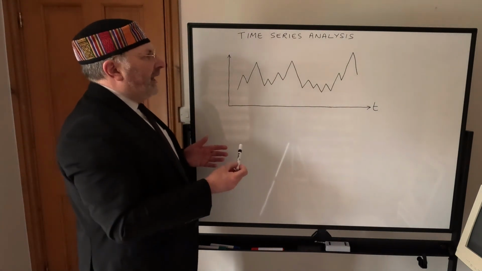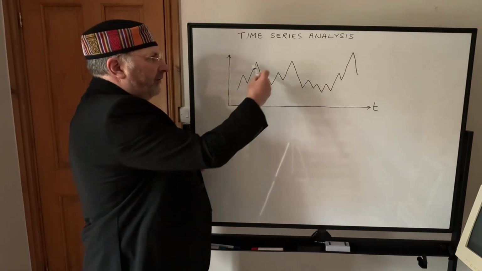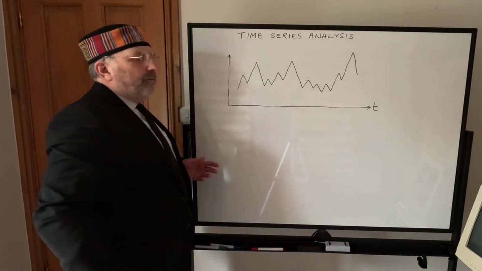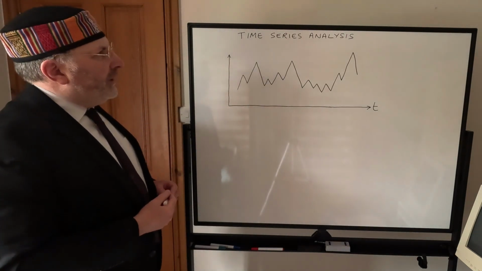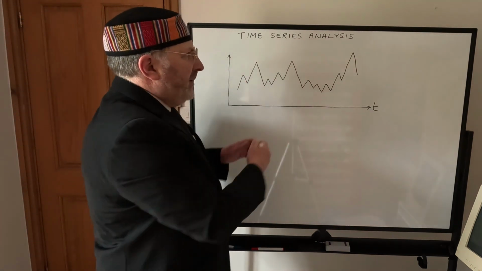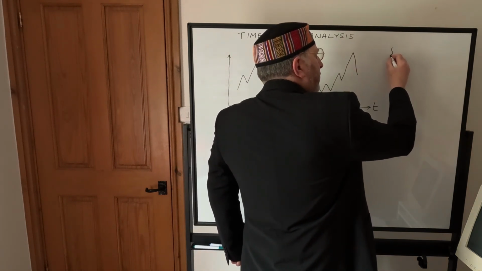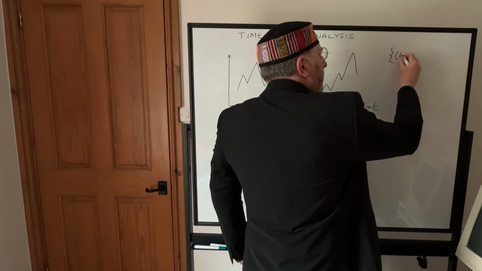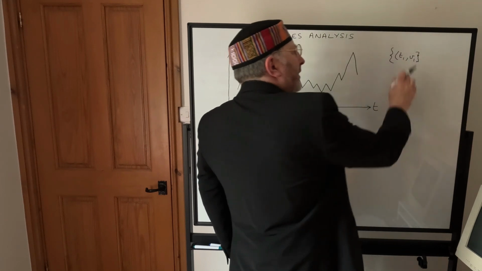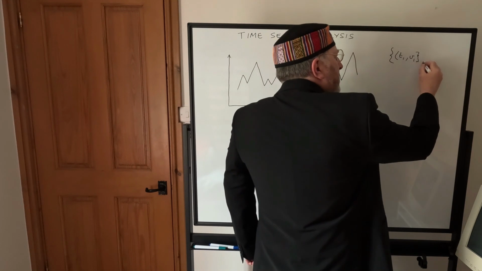And in time series analysis, this kind of chart is sometimes called a signal, or this is the signal that we're analysing, or also the waveform. So those are words we might use. And of course, what we've actually got, this is just a picture, but we've got numerical data behind this. So we've got a set of values of times and the values of whatever it is we're looking at, the amount of war or wages, whatever.